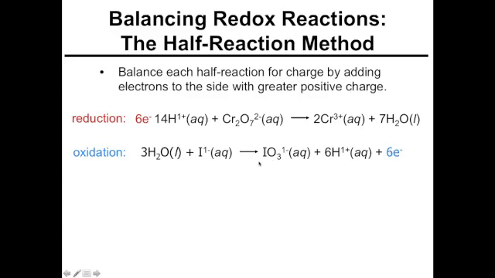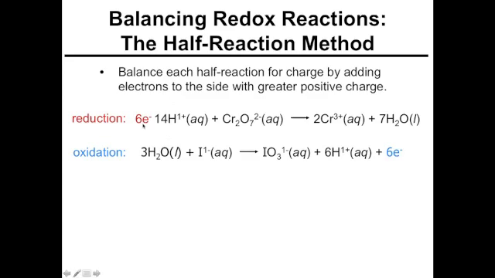So now this side has a minus 1, this side has a plus 5, and I added 6 negative charges, 6 e minus, and so now this product side has a negative 1 charge. So my oxidation half reaction is balanced electrically.